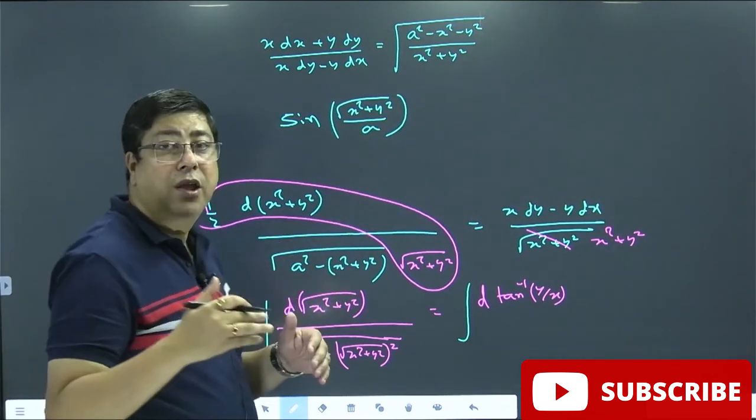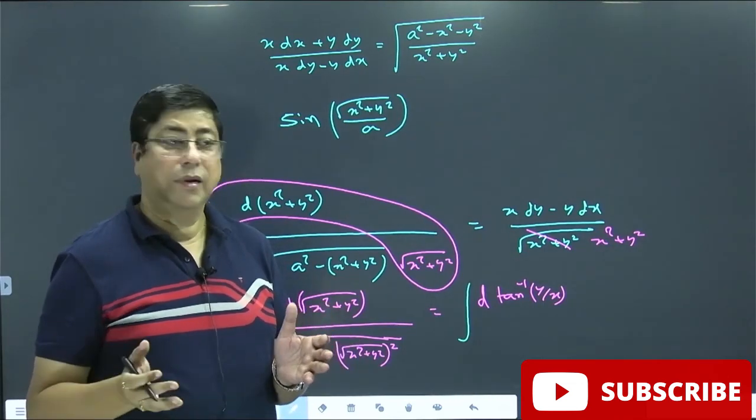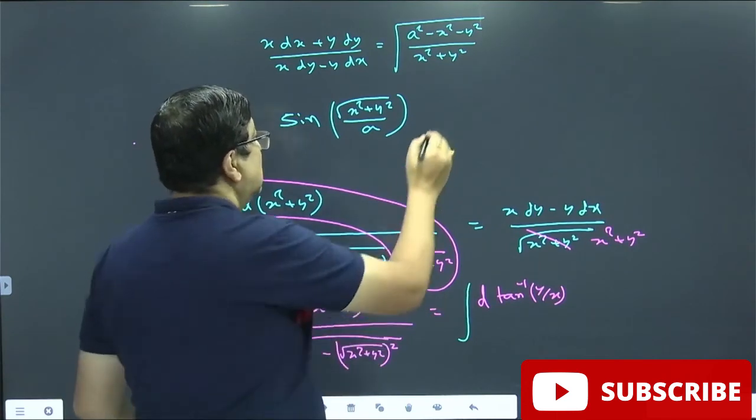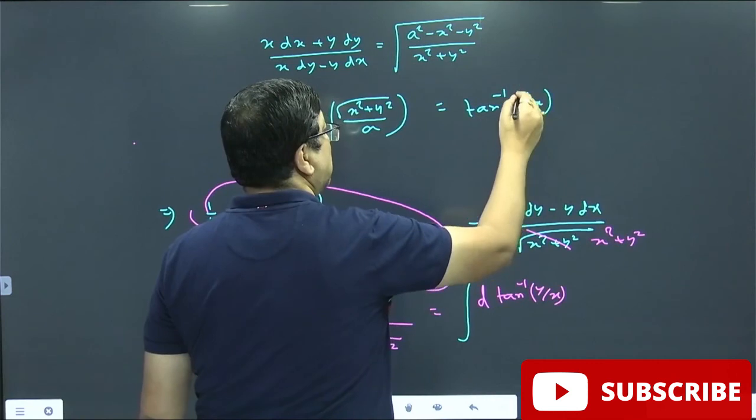Actually it is in the form of dx by root over a square minus x square, that is, we know the formula sin inverse x by a, and in this case this is coming tan inverse y by x.